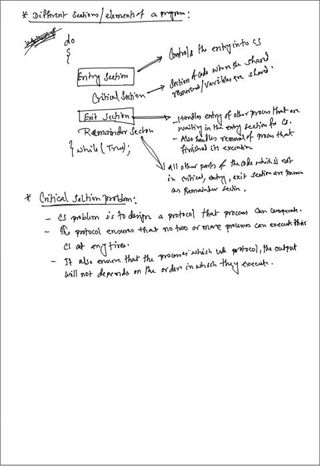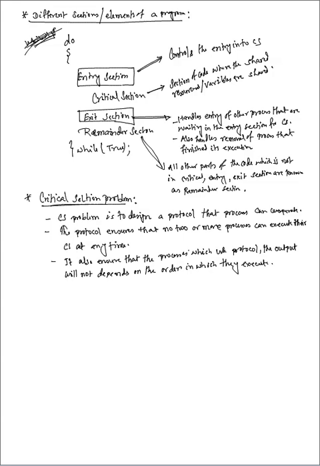We have to design a protocol which has two tasks. First, no two or more processes can access or manipulate the shared data at the same time in their critical section.